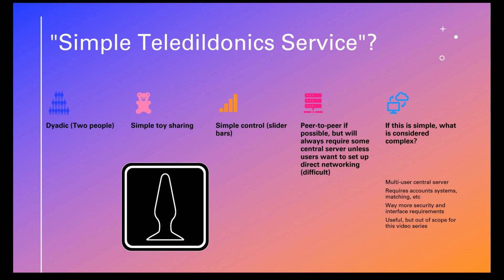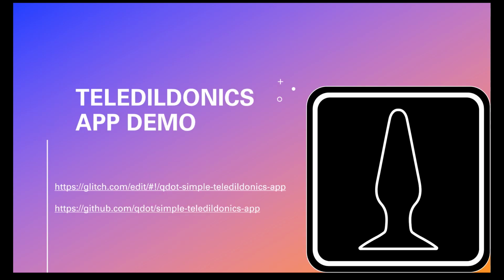Okay, so now that we've done that, let's actually look at what the Teledildonics app that we're going to be analyzing looks like. There's two places you can get this. First off, there is going to be the Glitch website, which is going to be similar to the simple Teledildonics stuff that I just showed.